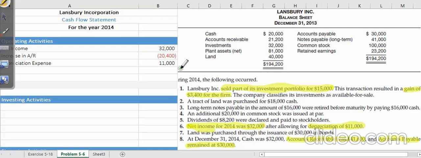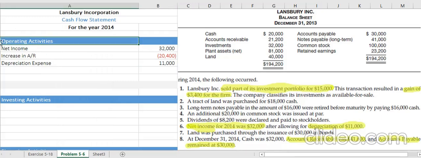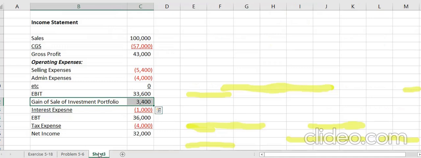Now the question here is: is this gain an operating revenue or a non-operating revenue? Why do I have to ask this question? Because I am preparing the operating activity section here. So in order to explain operating, non-operating, and the treatment of the whole process, I have prepared a fake figure example here.